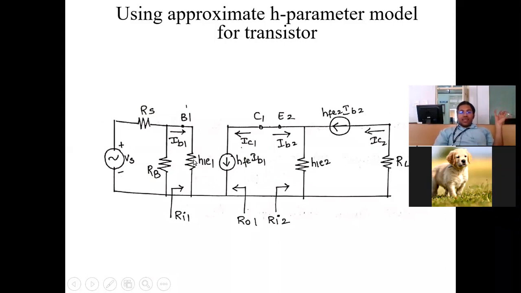Suppose this is 1.1 kilo ohm, this is also 1.1 kilo ohm. Then I don't need two variables. Likewise, I will not take HFE1, HFE2. I will simply take HFE.